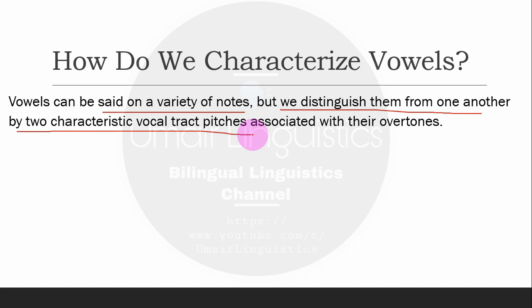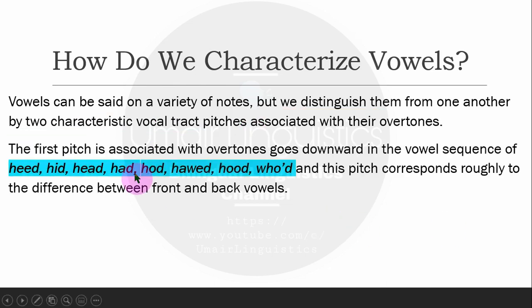And what are these two pitches? The first pitch is associated with overtones that go downward in the vowel sequence of e, e, e, o, u, u. So in this sequence we notice that the pitch is going downward.